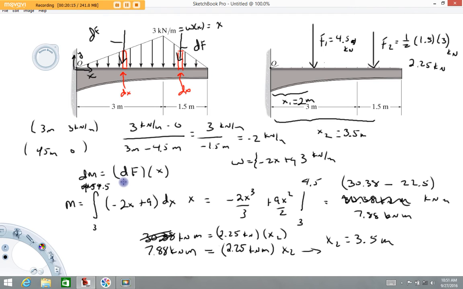You then integrate the load density. In this case, x times dx would give the force, integrated from 0 to 3 to give the total force. Then you take that total force times an unknown distance, and set that equal to the moment produced by the distributed load about that point. The way you get that moment is you look at your little rectangle.